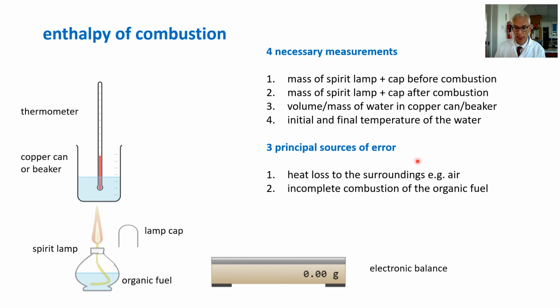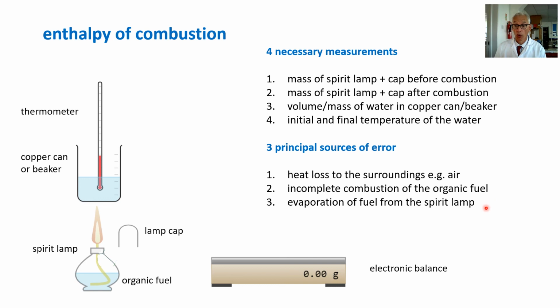That will lead to less heat being released. And also, the experimenter may not be successful in their efforts to eliminate evaporation of the fuel from the spirit lamp. So those are the 3 principal sources of error.